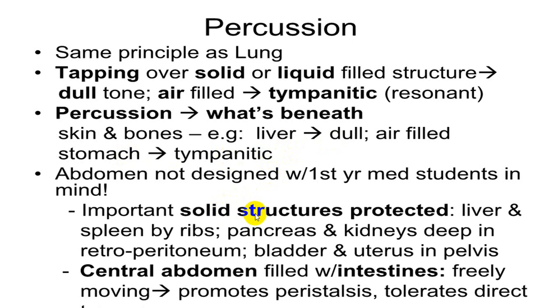Some of the solid structures like pancreas and kidney are retroperitoneal structures.